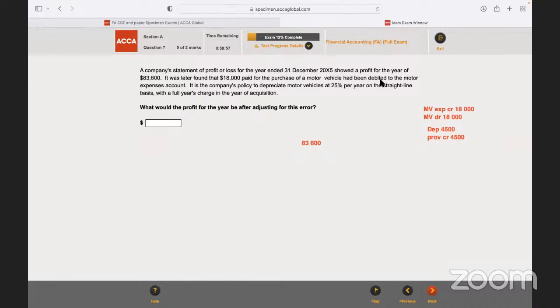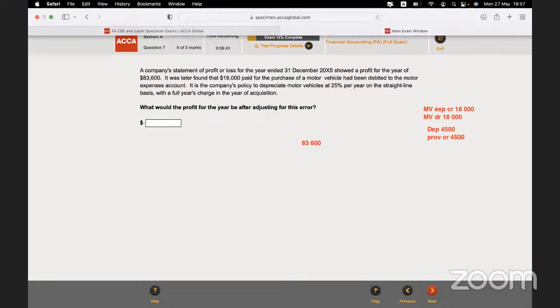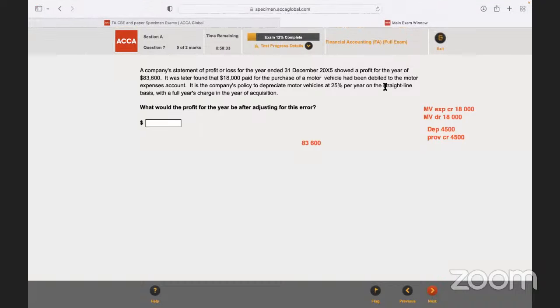Over here, you can go depreciation debit, non-current asset account credit. That is also correct. Or you can go the normal way: depreciation debit, provision account credit. Usually we go depreciation debit and provision credit. Only if the question specifically says non-current assets are held at carrying value, then we go depreciation debit and non-current asset account credit. But here, if you go that way also, you won't go wrong.